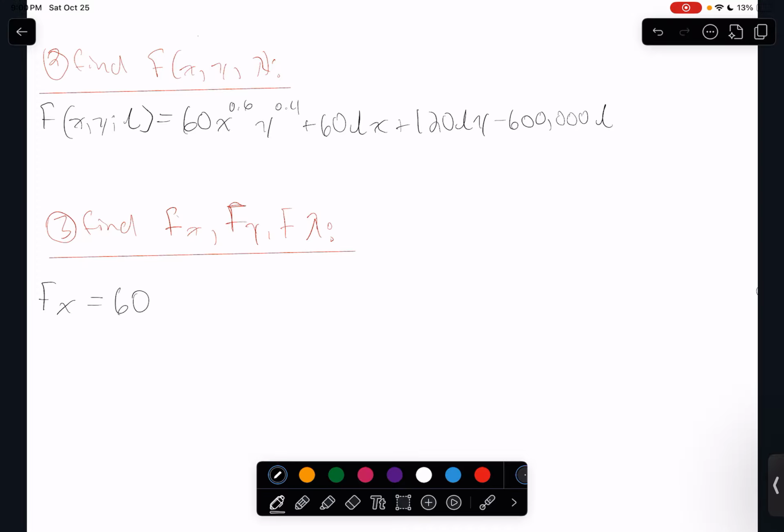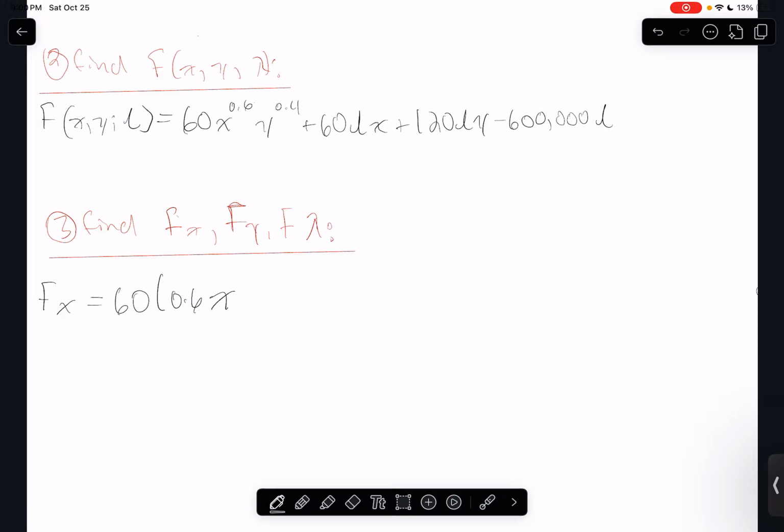But using the power rule, which is the exponent minus 1. That's why it's important to know your derivatives. We're going to have the value of 0.6x to the power of negative 0.4. Okay. 1 minus 0.6 is negative 0.4, which is our derivative, which you should know at this step. It's very important.